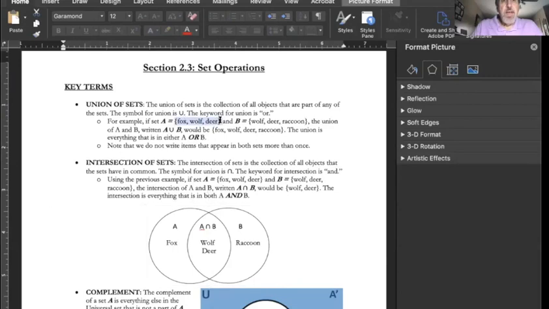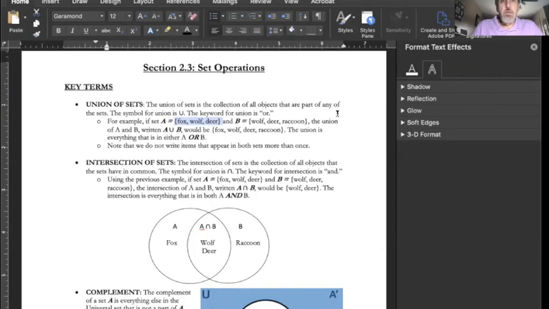Here's an example. If set A has fox, wolf, and deer in it, and set B has wolf, deer, and raccoon, the union, and by the way, the symbol for the union is this kind of funny looking U, of A and B would be the stuff that is in A or B. Fox, wolf, deer are in A, wolf, deer, raccoon are in B, so the union is fox, wolf, deer, raccoon.